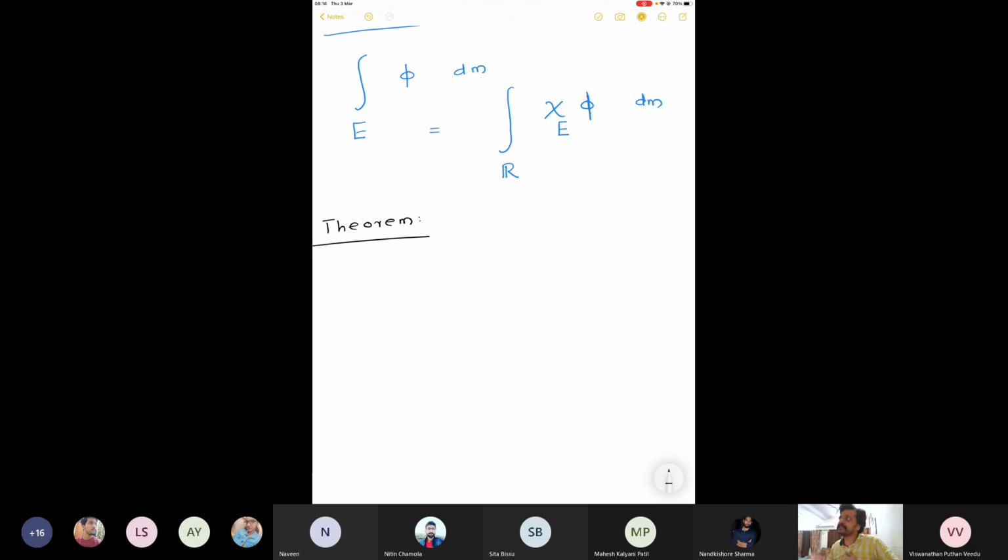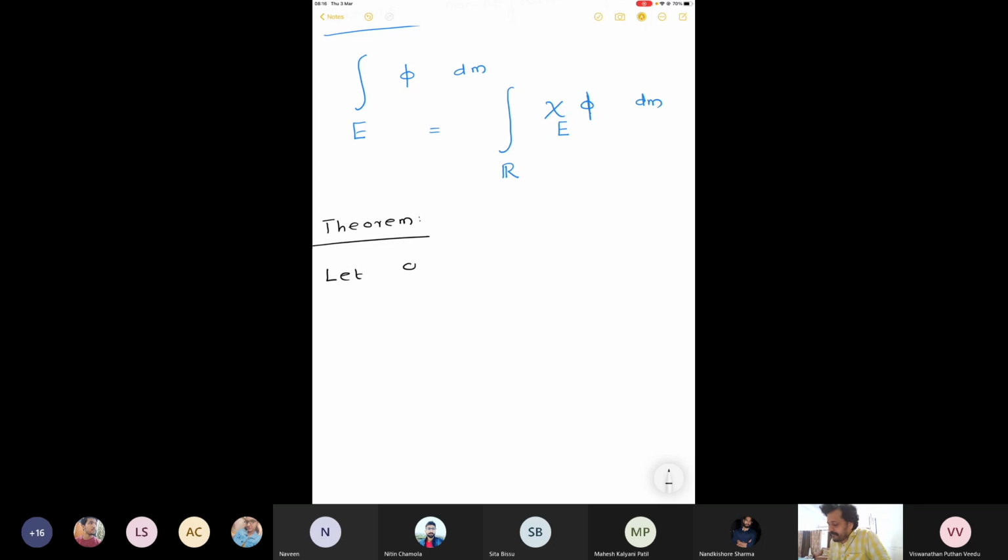So our progress is, we have defined integration for a non-negative simple function. Using that, we want to go for more general functions. But before that, you have to convince yourself that whatever integral you have defined satisfies the properties that we expect. So we are doing that.